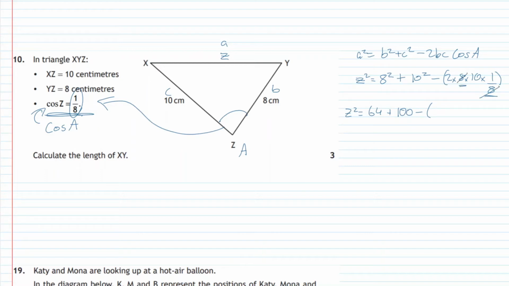So we're left with 2 times 10 in the bracket, so that's just 20. And so we've got that z squared is 64 plus 100 is 164, take away 20 is 144. And we don't want z squared, we want just z. So z is just the square root of 144, and that just happens to be 12 squared, which is ideal because it leaves us at just 12. So z is just 12.